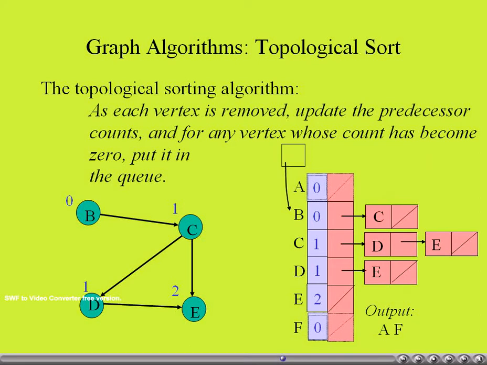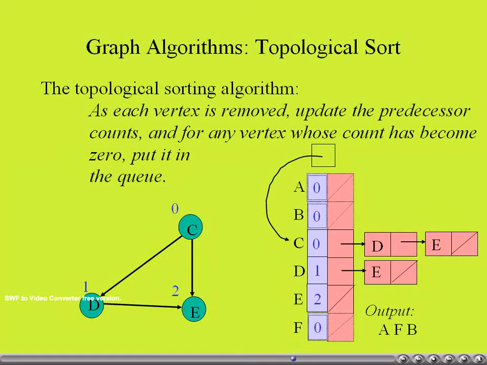Now F is removed. However, F doesn't have any adjacents, so no updating takes place. Let us assume that now B is removed from the queue. At the same time, its adjacent C's predecessor count will be reduced by 1. As it becomes 0, it will be pushed into the queue.